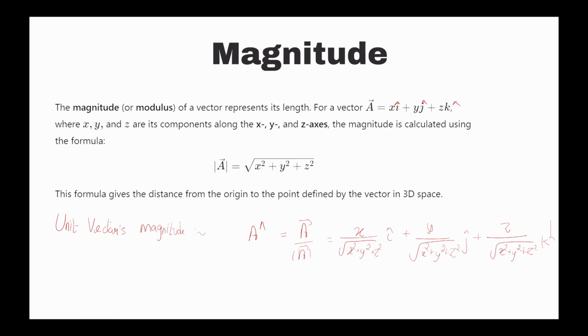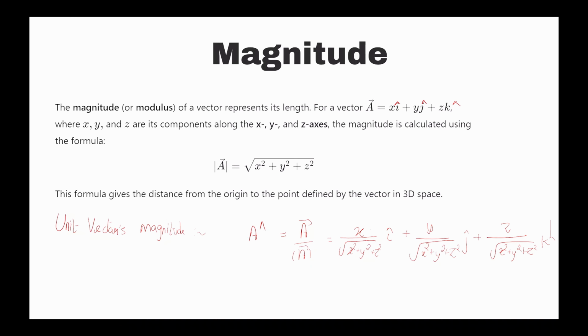Now let's say if I need to find out my unit vector, my unit vector would simply be a vector by magnitude of a vector, and it can be written as x upon root under x square plus y square plus z square i cap plus y upon root under x square plus y square plus z square j cap plus z upon root under x square plus y square plus z square k cap.